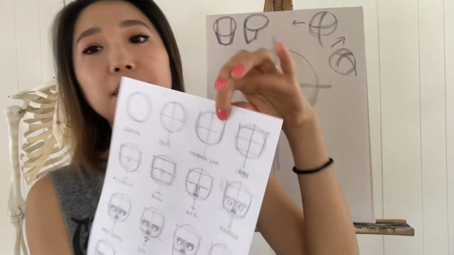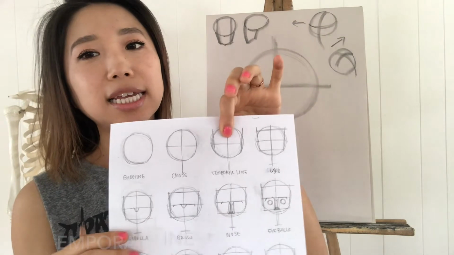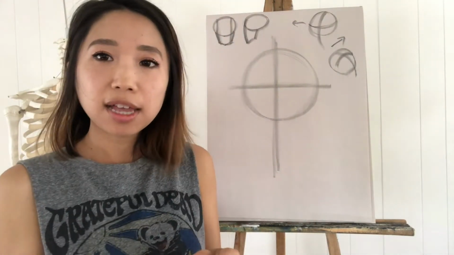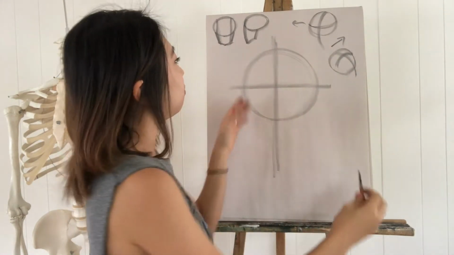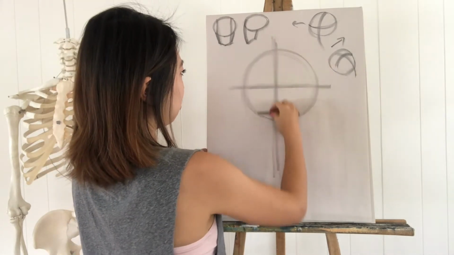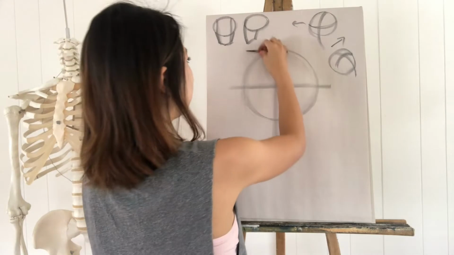The next step is to create the temporal line. So the temporal line is this flat side of the head. For the temporal line, this chopping side, you don't have to cut most of this ghosting circle, it's just going to be a tiny bit.